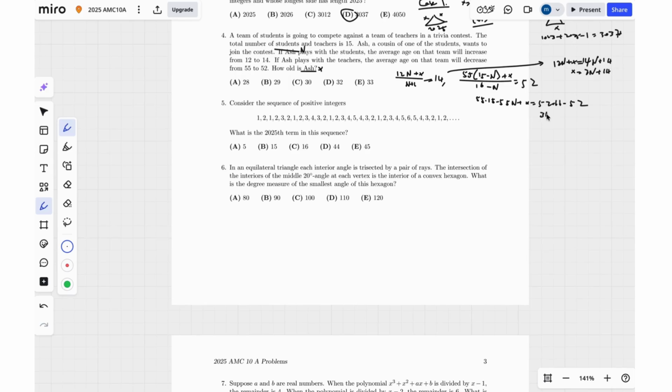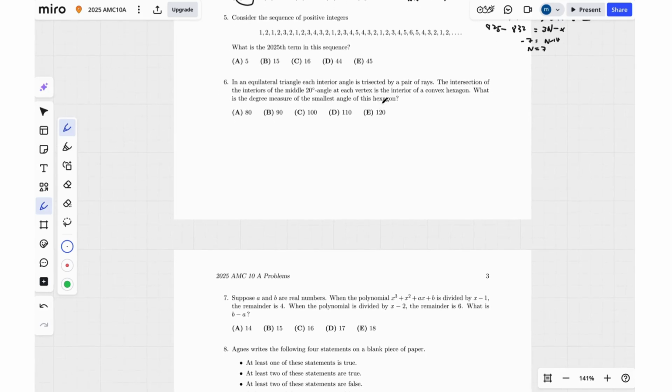We have 3n minus x equals 825 minus 832. X's, we can sub this in, so we have n minus 14 equals negative 7, so n equals 7. This means that x equals 28, so the answer is A.